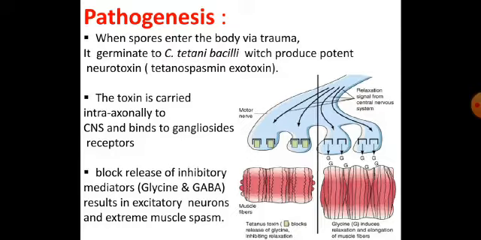Shortly, this toxin is carried intra-axonally to the CNS, where it binds to the ganglioside receptors and blocks very important inhibitory mediators, glycine and GABA. In normal conditions, these inhibitory mediators are responsible for the relaxation and elongation of muscle fibers. But when the tetanospasmin blocks the release of such mediators, it results in excitatory neurons and extreme muscle spasm.